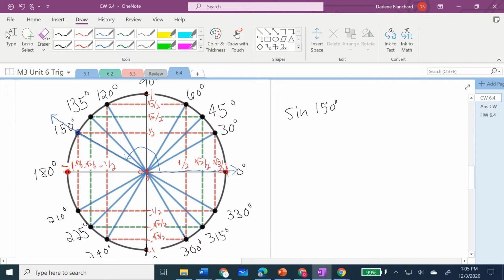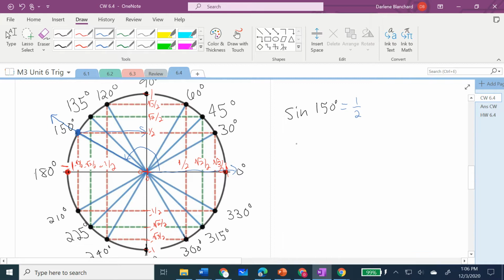And it intersects the unit circle at an xy coordinate. The sine of 150 is the same as the y coordinate, and that would be positive 1/2. And that would be your answer.